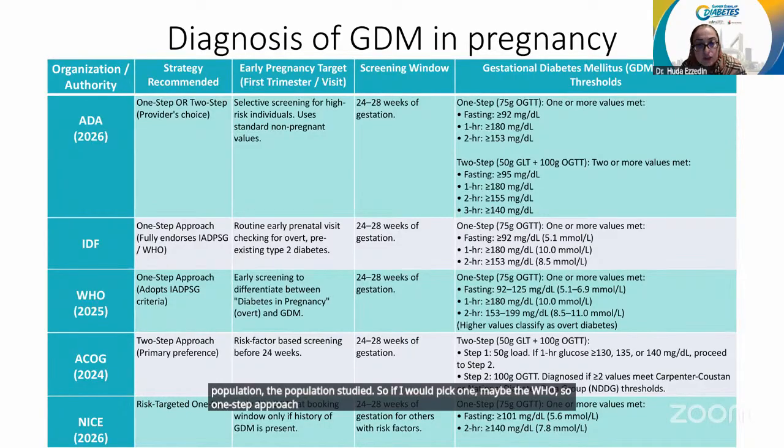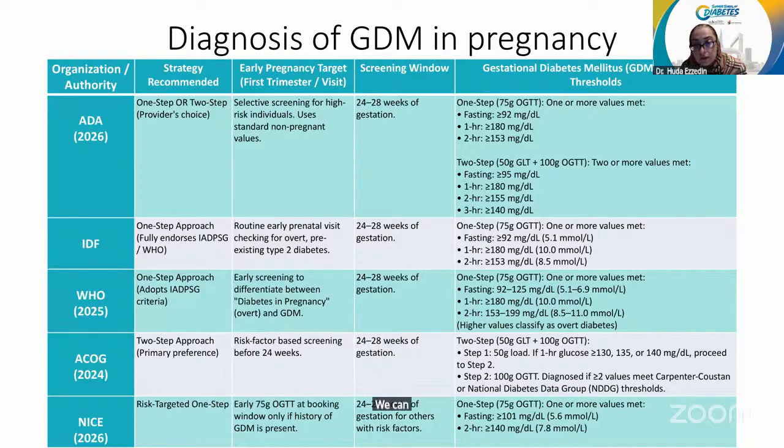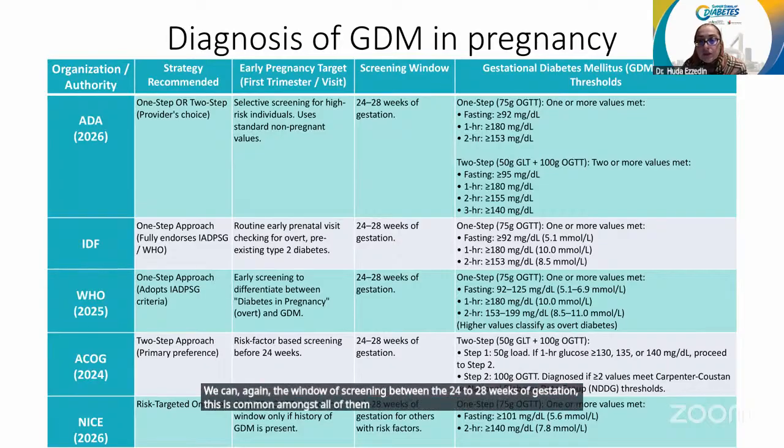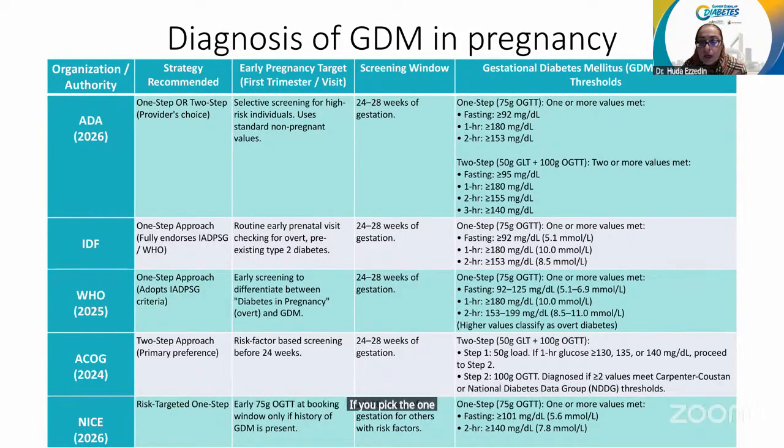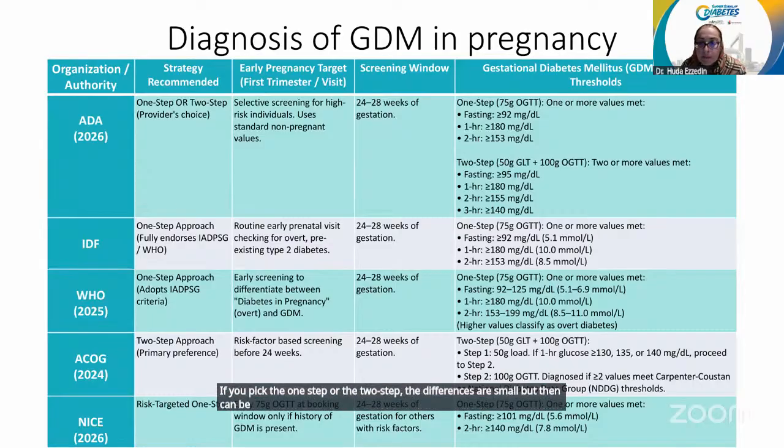The early screening would be beneficial. The window of screening between 24 to 28 weeks of gestation is common amongst all of them, but then the difference comes in the threshold. Whether you pick the 1-step or the 2-step, the differences are small, but can be confusing.